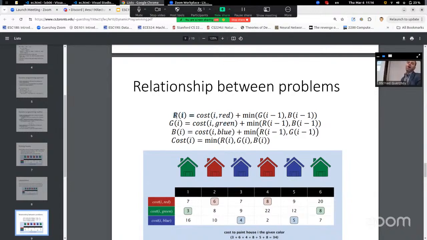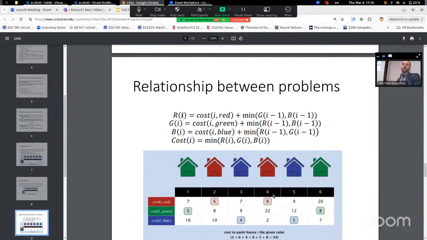And then R_I is different, right? So R_I is the minimal possible cost of painting everything up to house I, including house I, and having house I be red.